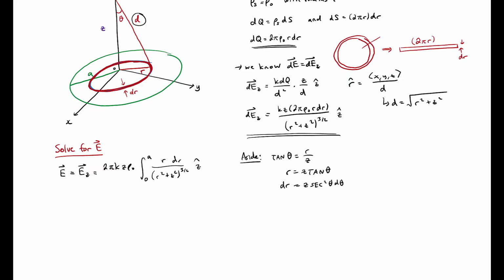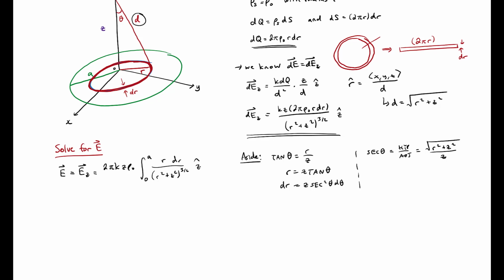Now we want secant of theta, which is, instead of opposite over adjacent, hypotenuse over adjacent because it's 1 over cosine theta. We have the hypotenuse being the square root of r squared plus z squared and adjacent being z.